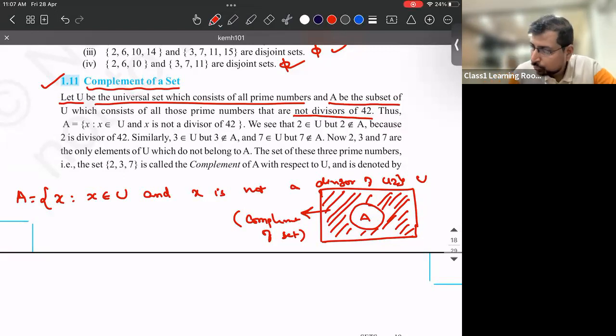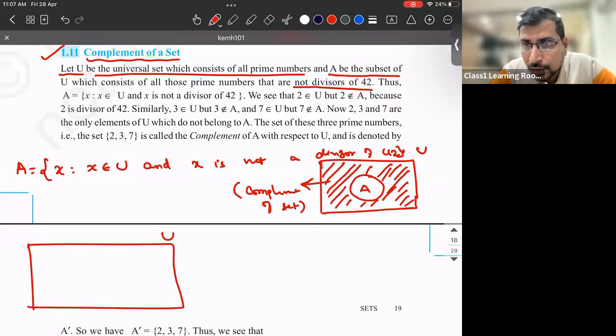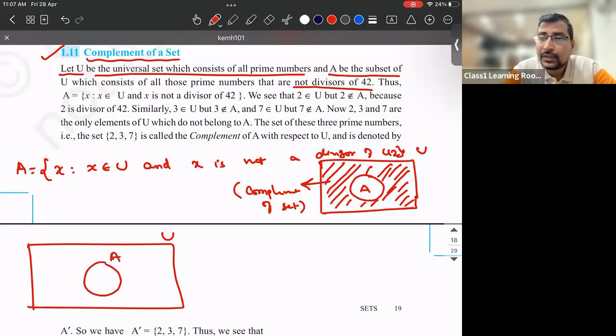So if you take the universal set, you have all the prime numbers. Within the set A, you have all those prime numbers which do not divide 42.